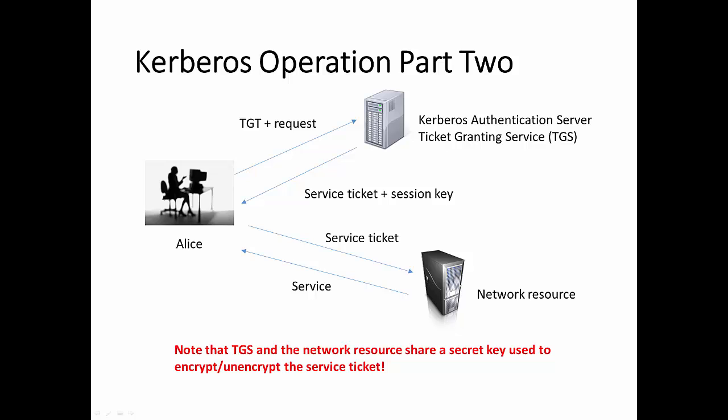And as I mentioned, the ticket granting service and the network resource share a secret key used to both encrypt and decrypt the service ticket, and that's how the network resource is able to decrypt the service ticket and knows what kind of service Alice is requesting. And since Alice has the same symmetric key, the network resource now knows Alice is a legitimate user. And that's how Kerberos works in general.